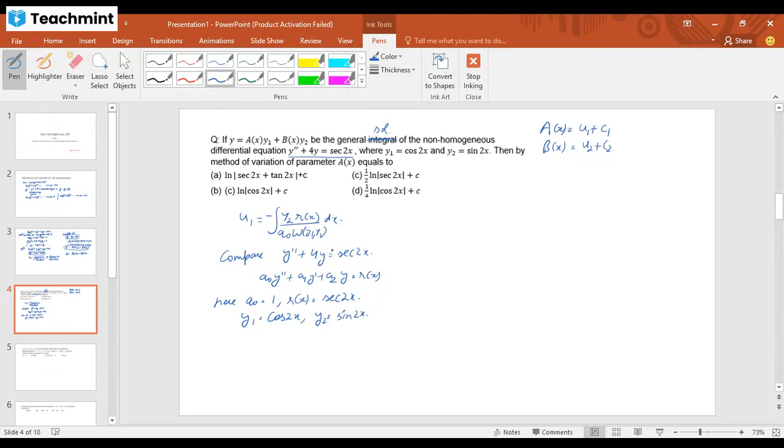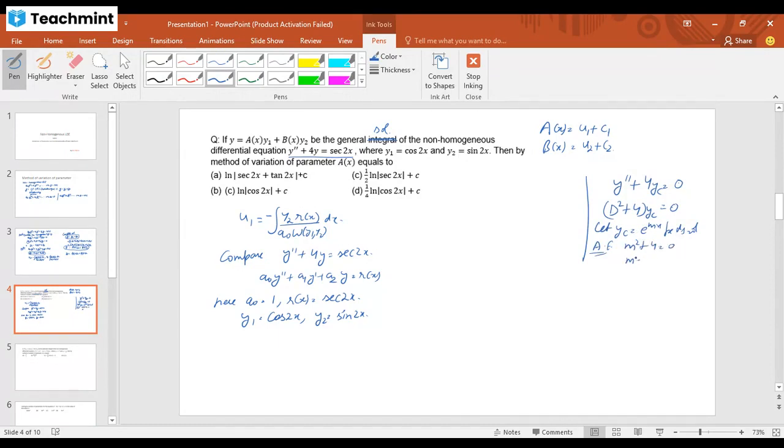What are y1 and y2? They are basically the solutions of the homogeneous differential equation. For example, if we consider the homogeneous differential equation y double dash plus 4y equal to 0, its operator form is (D square plus 4) yc equal to 0. We assume yc equal to e raised to the power mx is its solution. Replacing D with m, we get the auxiliary equation m square plus 4 equal to 0.